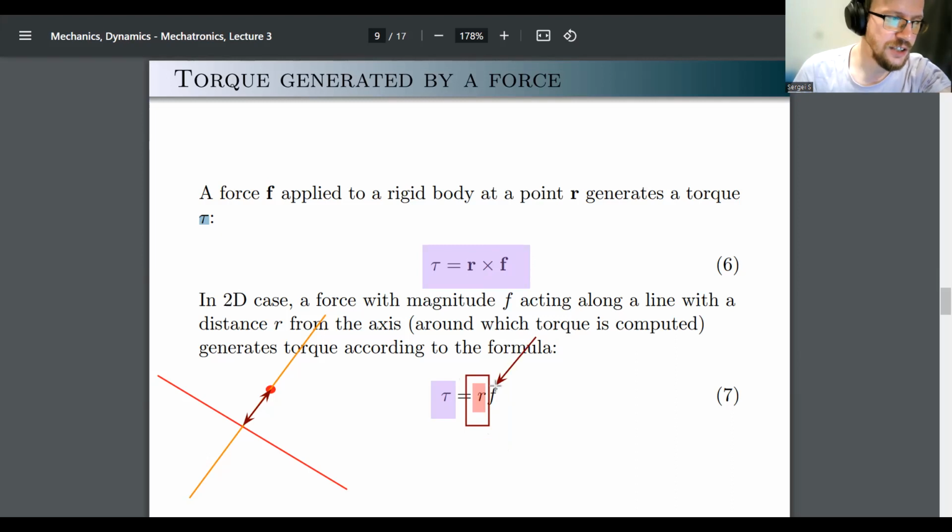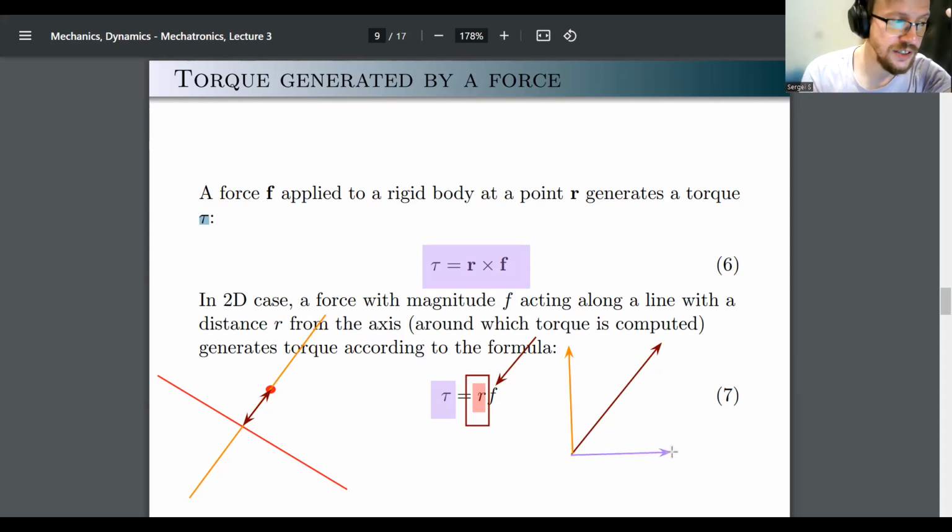If we discuss separate components of the force, we need to remember that they have separate lines of action. So for example, force like this, here's a force. If we define it as having two components, let's say the orange component looks vertical and the violet component looks horizontal, okay?